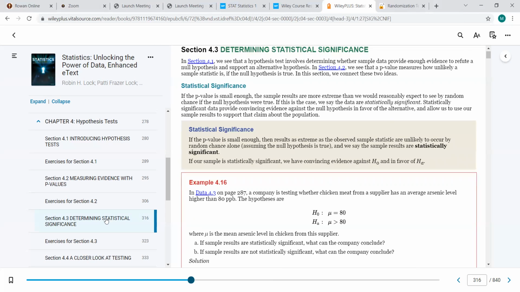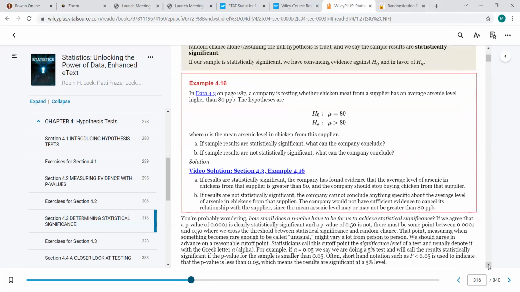It'll be crystal clear. The first thing we have to understand is that when we do reject the null hypothesis, we are saying that the sample results are statistically significant. In other words, there's enough evidence in the sample results to conclude that the null hypothesis is probably not true, and the alternative hypothesis is probably true. All right, so let's just do an example here, another example.